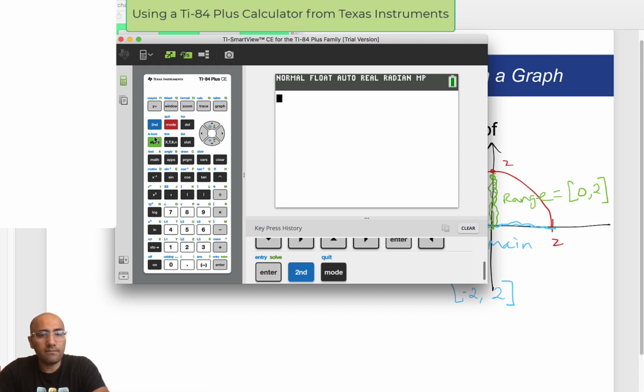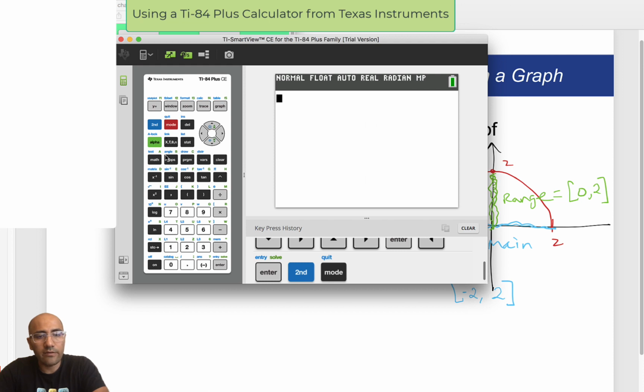This is really old technology from like the 80s maybe, these calculators. So a button can do different things based on the writing. So the actual button has writing on it, but there's a little writing above in different colors. So if you want that other value, you have to hit the second or the alpha buttons first to give you that result.